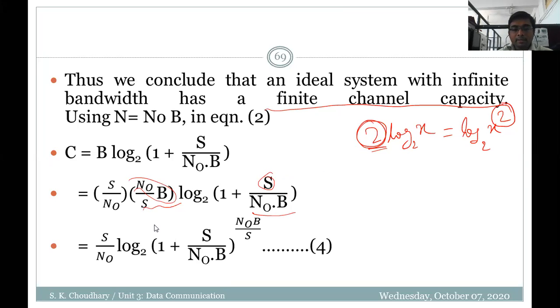So it is written here. In equation number 4, we have written the channel capacity is equal to S upon N naught log base 2 of 1 plus S upon N naught B, raised to the power N naught B upon S. So this term becomes here. Okay, so this becomes a new equation.